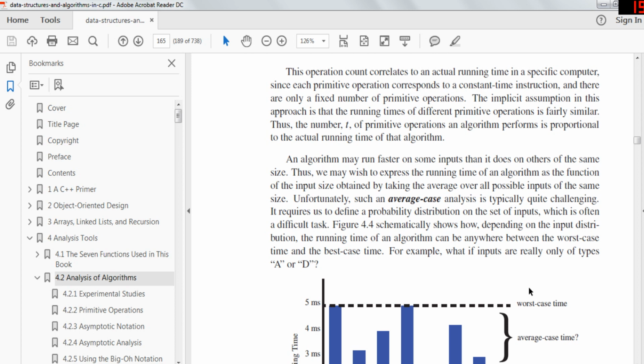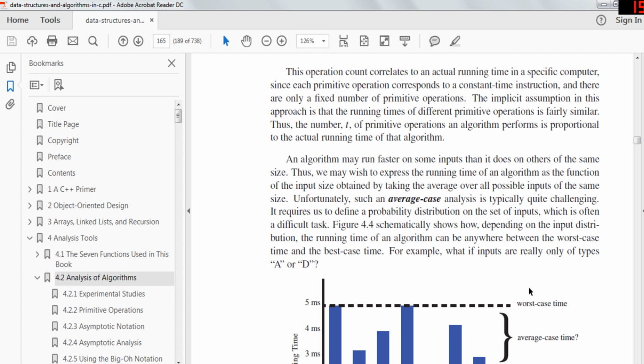So what they're doing is basically counting the number of operations that each piece of code does, right? And then they're assuming that the amount of time for each operation is similar on every single computer, right?